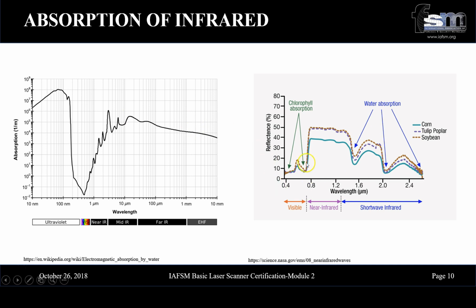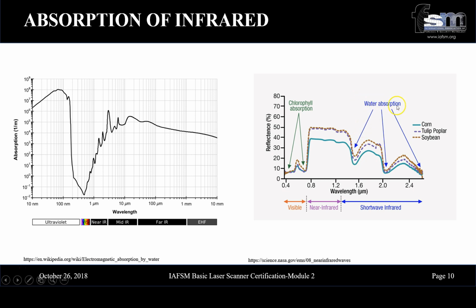Now, let's move to the right. There's another chart here that discusses the absorption of certain spectra or light over different wavelengths. Here we're talking about micrometers, so we can convert that to nanometers just by multiplying by 1000. So 1550 nanometers would be right in this range. Now, instead of absorption, we're looking at how well these objects, corn, tulip, poplar, soybean, will reflect.